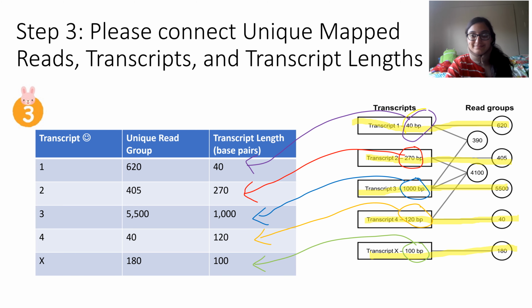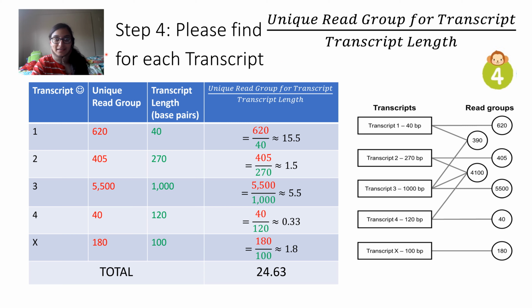Then in step 4, what we do is we find the unique read group for a transcript, and then we divide it by the transcript length. We just take those two columns, the unique read groups and the transcript lengths, and we divide them. So, 620 again coming from transcript 1.